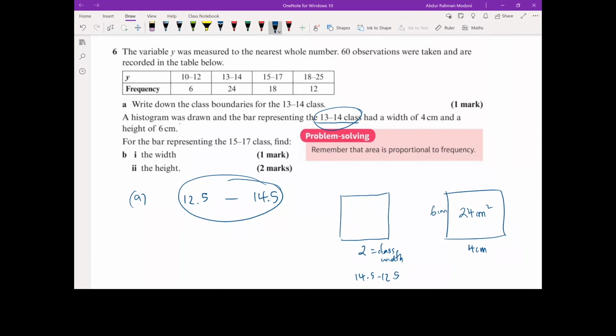Now, we can also work out the actual frequency density, because in a histogram, this height would be the frequency density. So what would be the frequency density for this one?